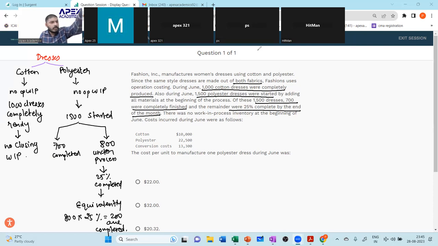Tell me one thing. Dresses are made out of how many types of materials? 2 types. What is the first type? Cotton. What is the second type? Polyester. Superb. Is there any opening WIP in either one of the material types? No. Perfect. How many dresses did you make in cotton? 1,000.